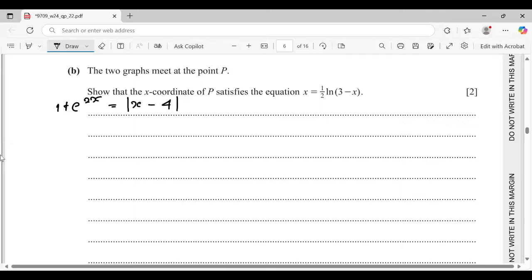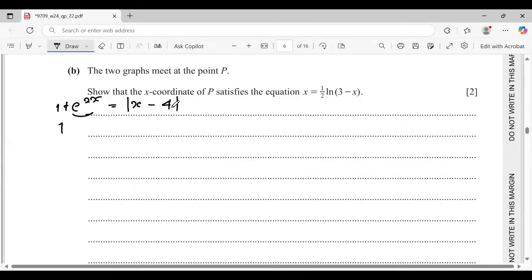The value of e to the power 2x is never negative, so we can set x minus 4 less than 0, which means x less than 4.